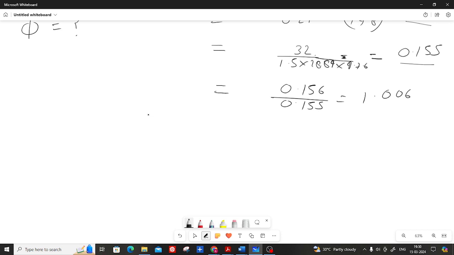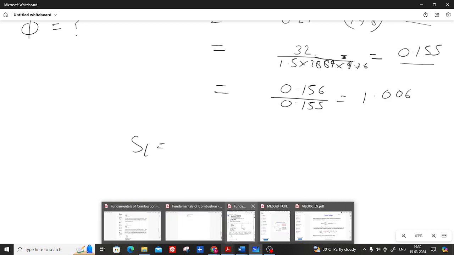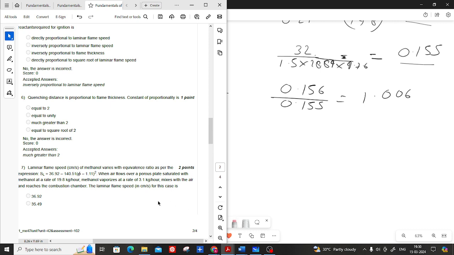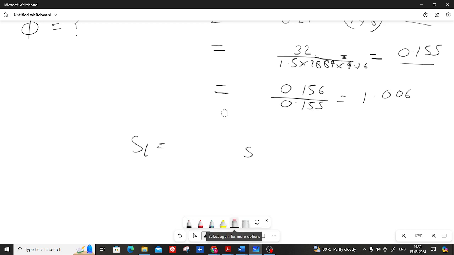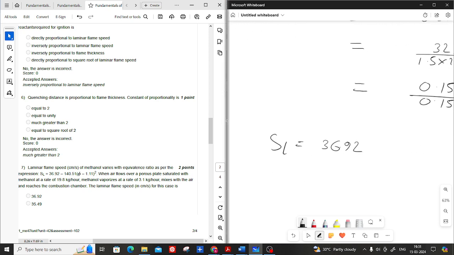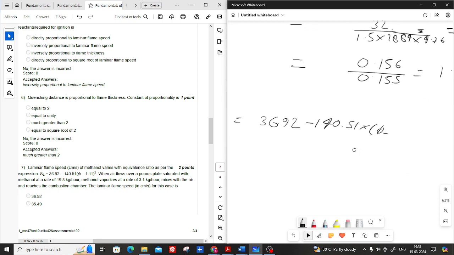So the flame speed SL, they have given one empirical relation. We have to put that equivalence ratio in it. Yeah, just put the equivalence ratio and you will get the answer. SL is equal to 36.92 minus 140.51 into (phi minus 1.11) whole square.